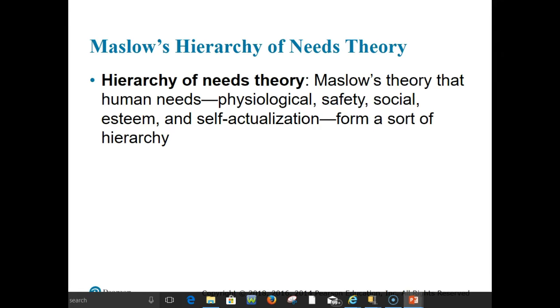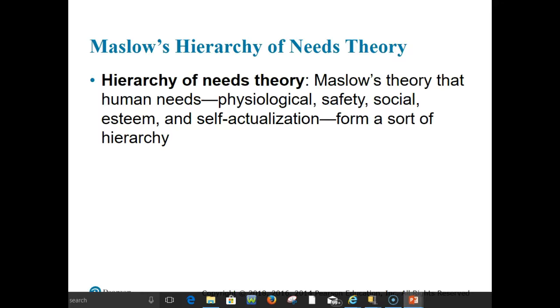So the best known theory of motivation is probably Abraham Maslow's hierarchy of needs theory. Maslow was a psychologist who proposed that within every person is a hierarchy of 5 needs. And Maslow argued that each level in the needs hierarchy must be substantially satisfied before the next need becomes dominant.